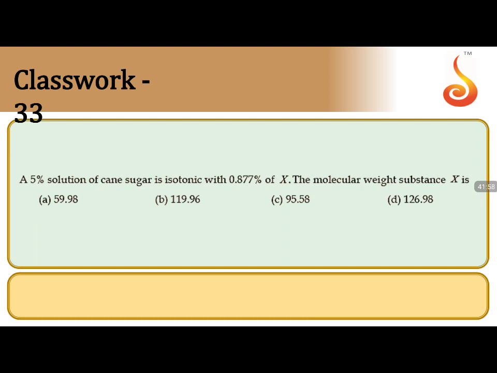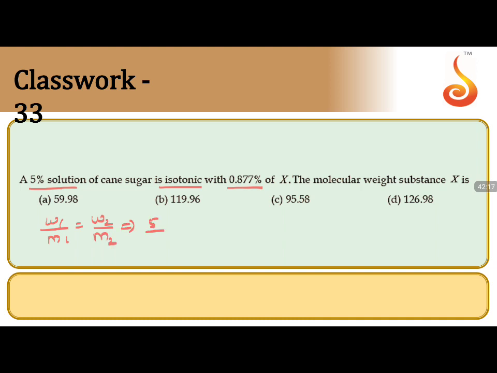Coming to this particular one, the 5% solution of X is isotonic to 0.877% solution. The molecular weight of X is asked. If you say isotonic, then W1 by M1 is equal to W2 by M2. This is the formula I have given you in the synopsis.